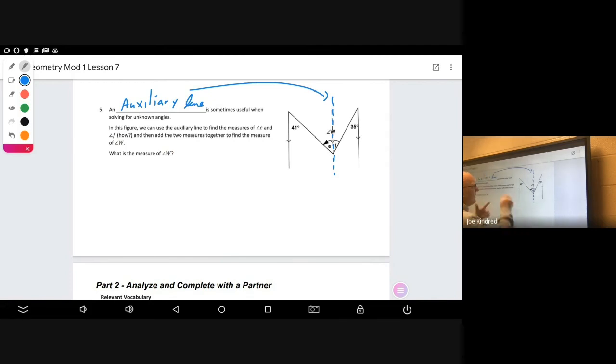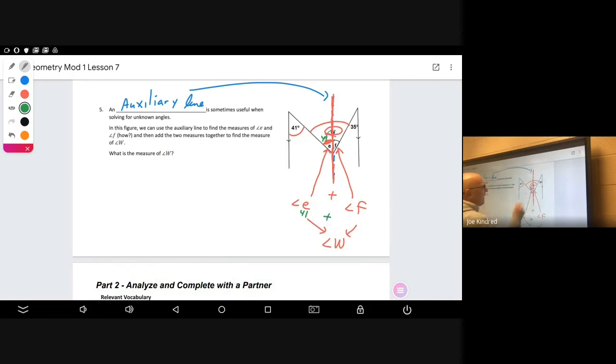So for example, in this first particular problem that you're looking at, the reason why it's important to understand the use of this auxiliary line is if we want to find angle W, well, if we find parts E and F and then add them up, angle E plus angle F, they both come together to represent angle W. And so the reason why this is important is because if I draw the auxiliary line through, I notice that angle E is equal to 41.